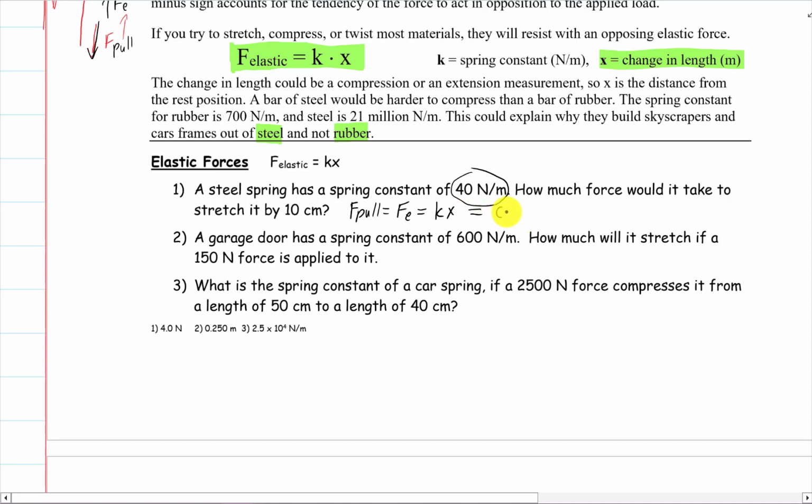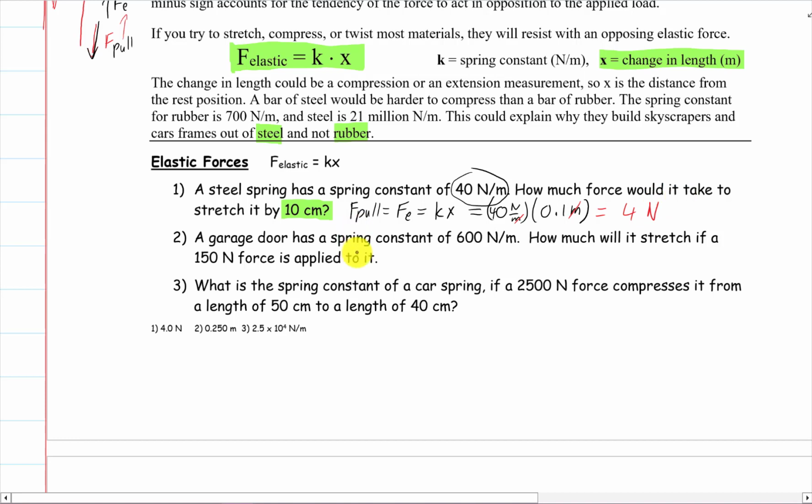So the K is 40 newtons per meter, and x is 0.1 meters. Okay, so there's our trickiness. Most springs we don't stretch meters, we stretch centimeters and millimeters. So you have to watch out on those conversions. And the meters will cancel out, and you can see that it's going to be in newtons, and that's going to be 4 newtons.